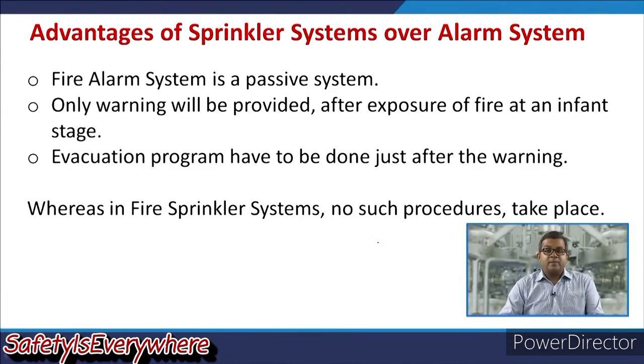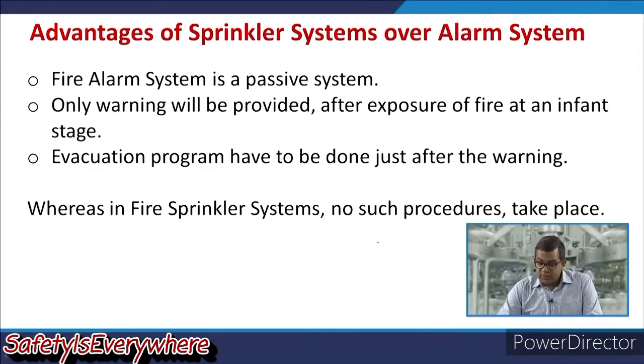Again, when we compare the sprinkler system with the alarm system, there are certain advantages. The fire alarm system is a passive system. Only a warning will be provided after exposure to fire at an infant or very nascent stage. Evacuation has to be done just after the warning.